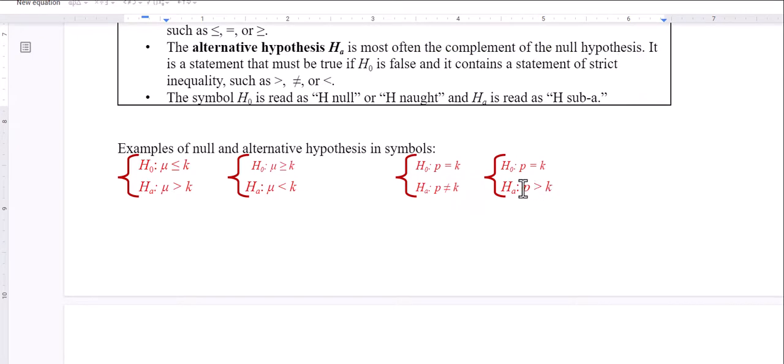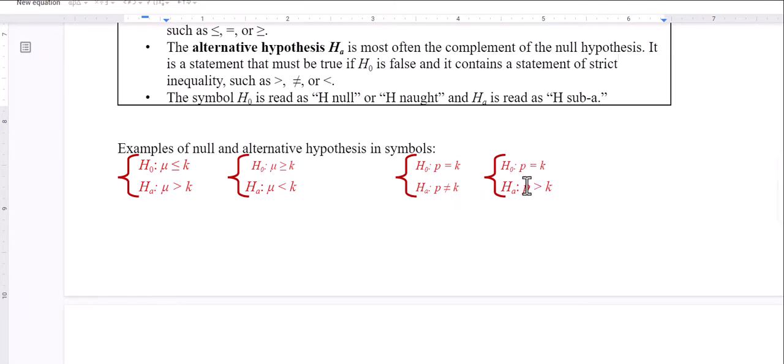So here, P greater than K, and P equals K is not the complement. So these are not complements of one another, right? Complement is the negation, so for P equals K, the complement will be P not equal to K. But this is still a form of a complement, right? P greater than K is still not equal to.